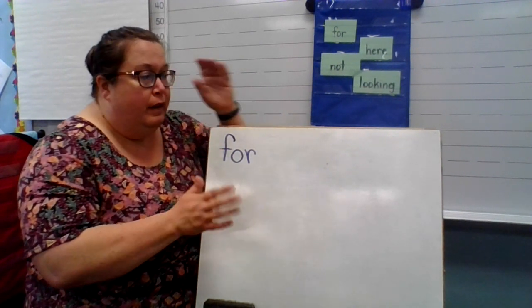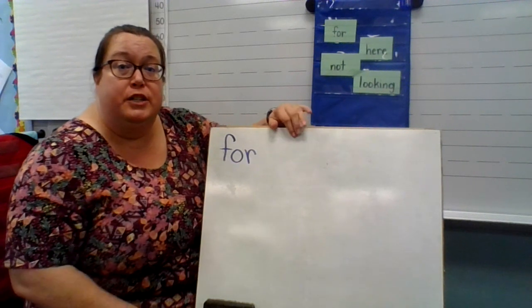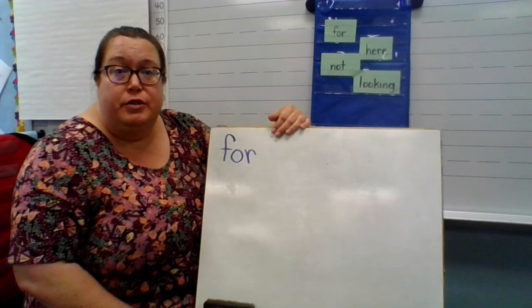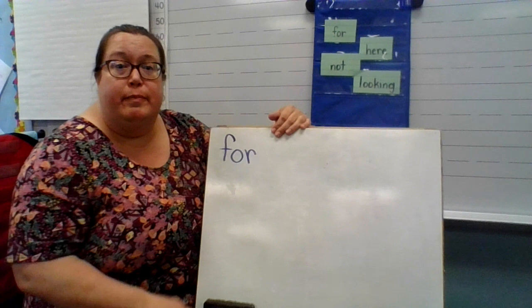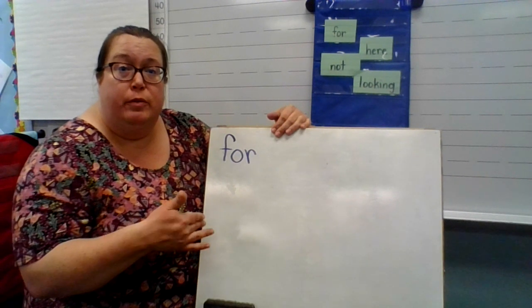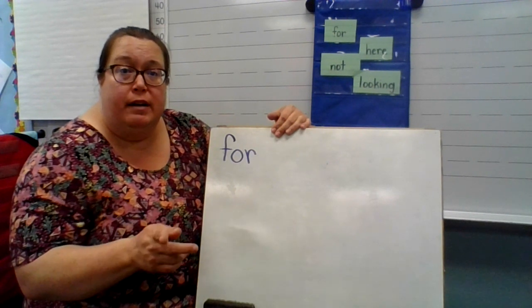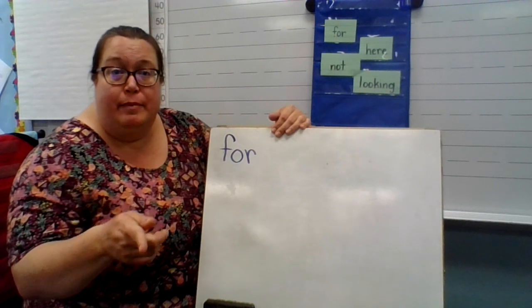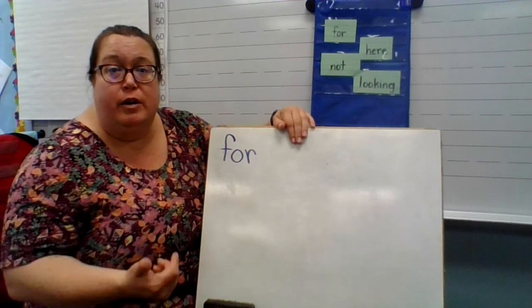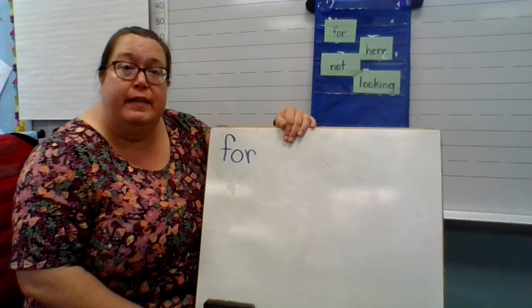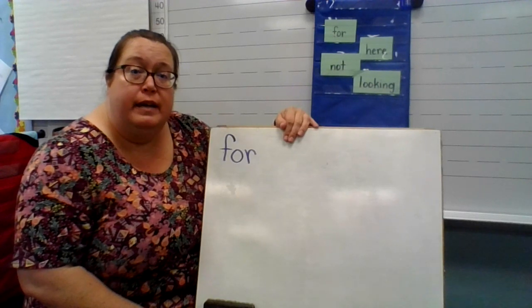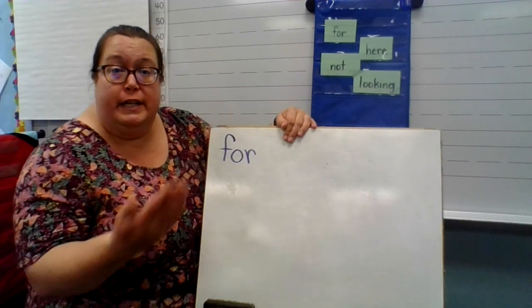All right, if you need to go get those things, you can go do that. And just know from now on, you will need those things when we do a mini lesson, okay? But for right now, since you didn't know, go ahead and pause the video and go get those things. And then when you're ready with those things, come back and push play and you'll continue on with the lesson.